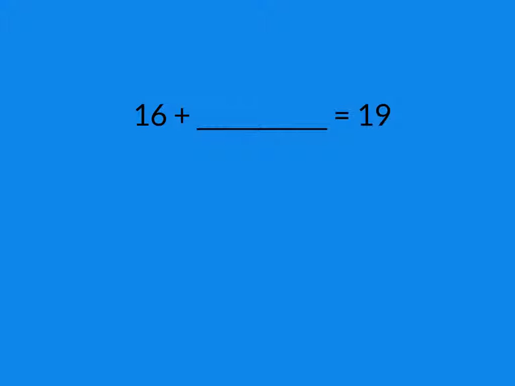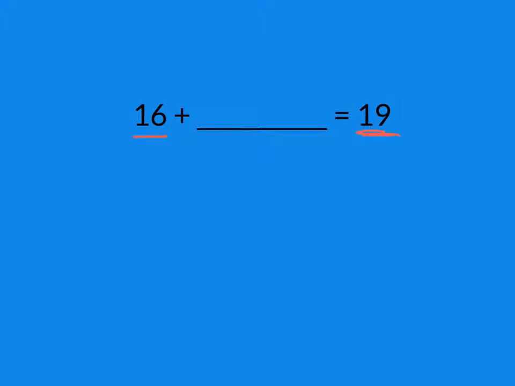So if I'm thinking about my anchor chart, I want to make sure I start at 16. So I'm going to underline 16. And then I want to make sure I count up to where I end at 19. I want to end at 19.